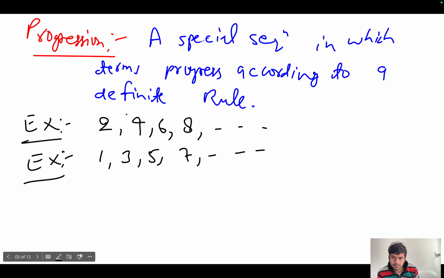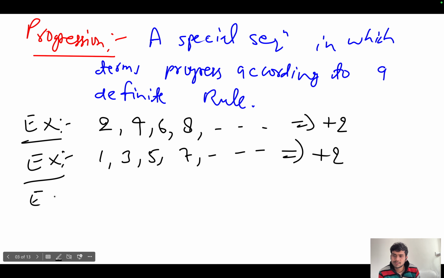If we add 2 here, it becomes 4, then add 2, it becomes 6, then again add 2, it becomes 8. It means this sequence follows the pattern of adding 2 in each term. And for 1, 3, 5, 7: 1 plus 2 is 3, 3 plus 2 is 5, 5 plus 2 is 7. This sequence also follows a pattern.